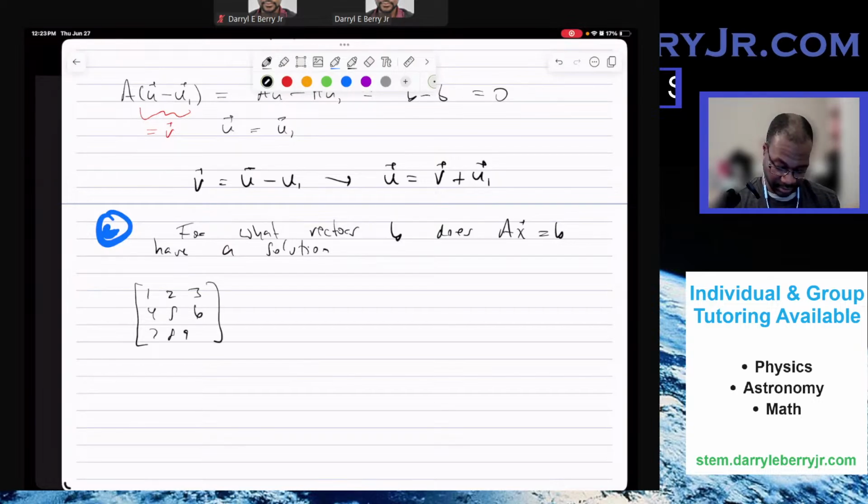So that's my matrix. And we'll call X, so 3 by 3. We know this has to be 3 by something.